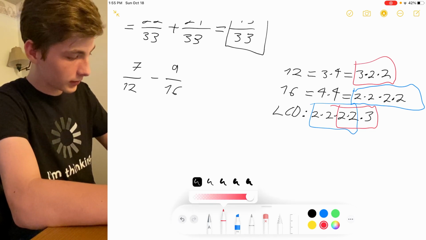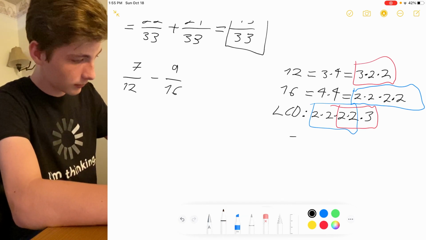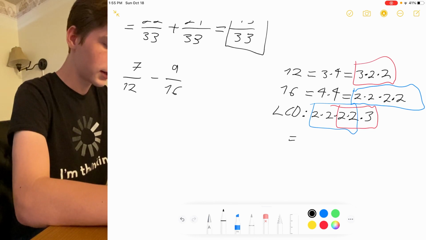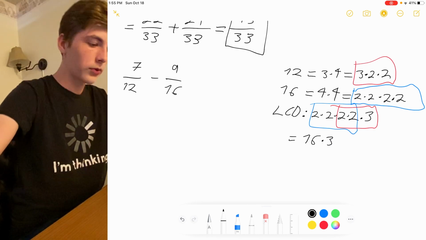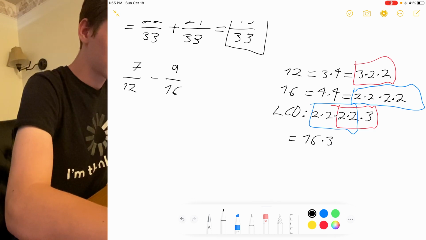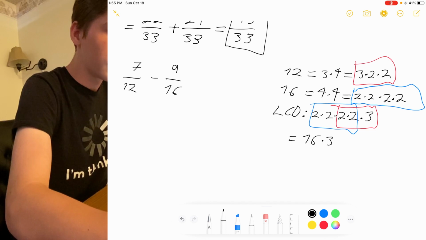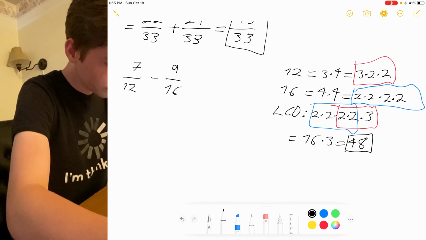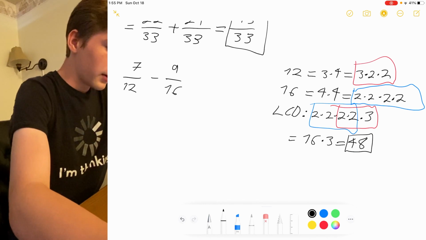So that is our LCD, and that is going to be 2 times 2 times 2 times 2 is 16, and then we're multiplying 16 by 3, and that's going to be 48. Okay, so that's our LCD.